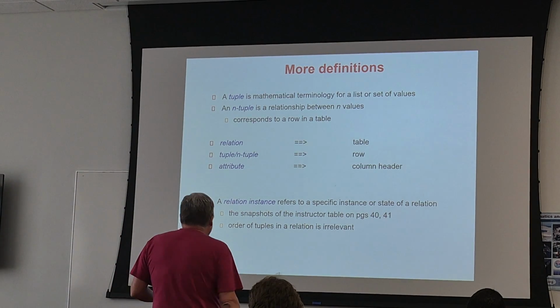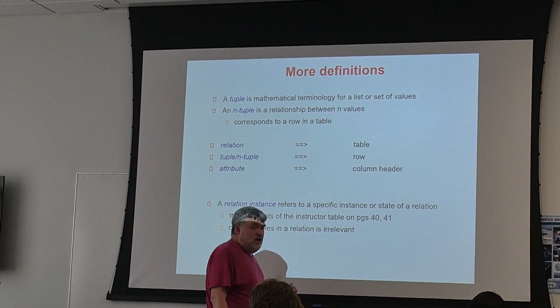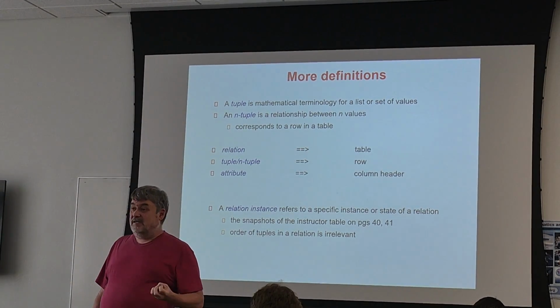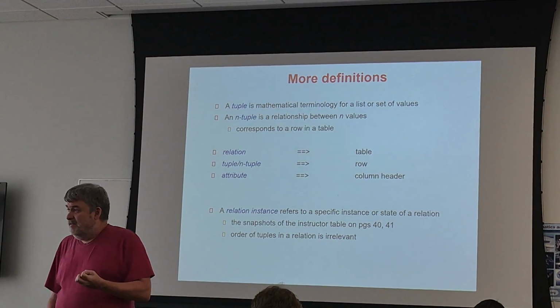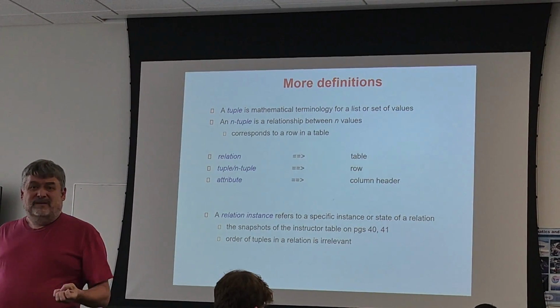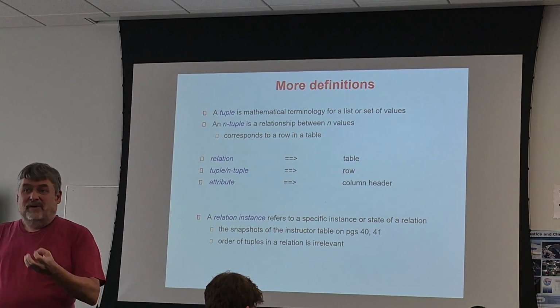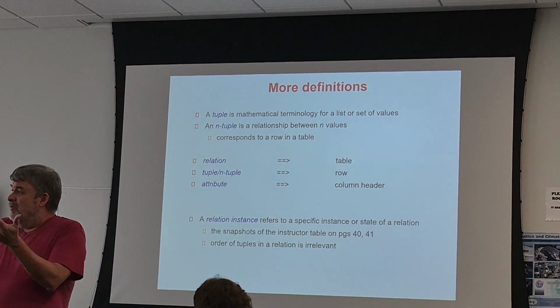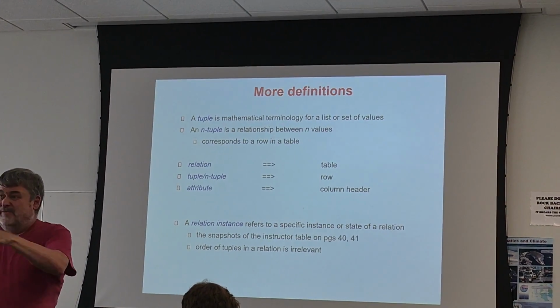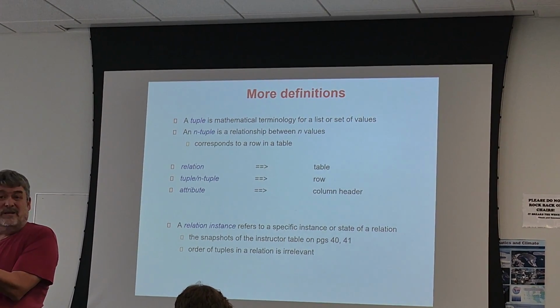Since what we're looking at when we look at the contents of a table is the logical view, sometimes we have the data ordered by a particular column, and so the order of tuples in a table is basically irrelevant. If they're in a different order, they still represent the same relation.